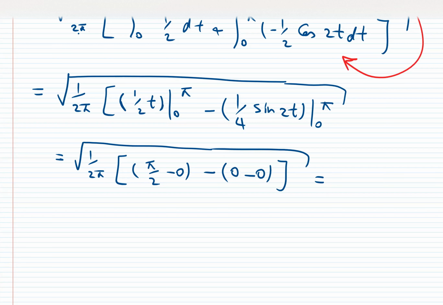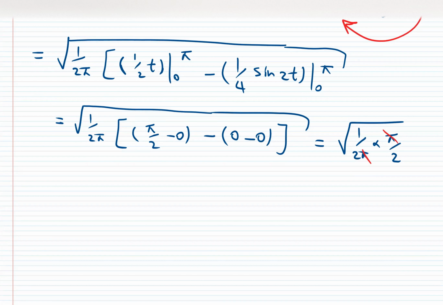It is equal to the square root of 1 over 2 pi times pi over 2. The pis cancel, so it's equal to the square root of 1/4, which is equal to 1 over 2. So here is the result.